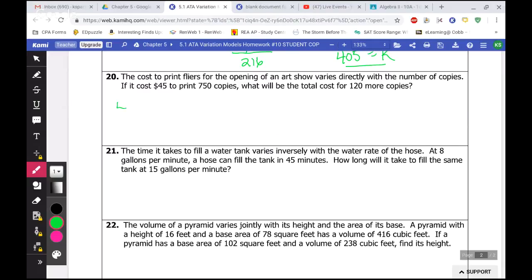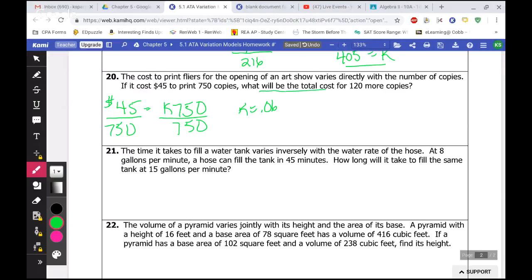So if it costs $45 to print 750 copies, you would set it up so it looked like this. So it costs 6 cents a copy.